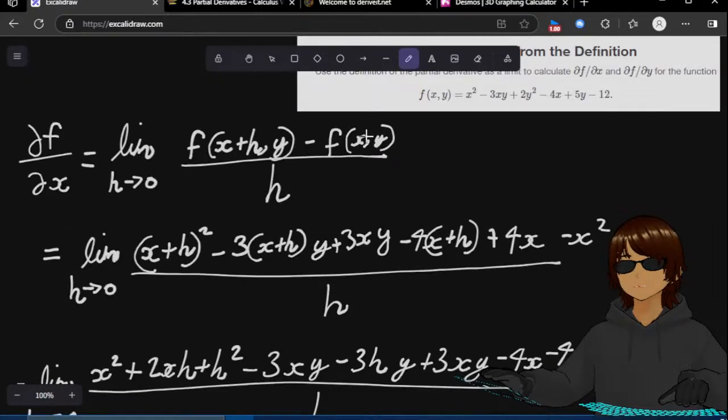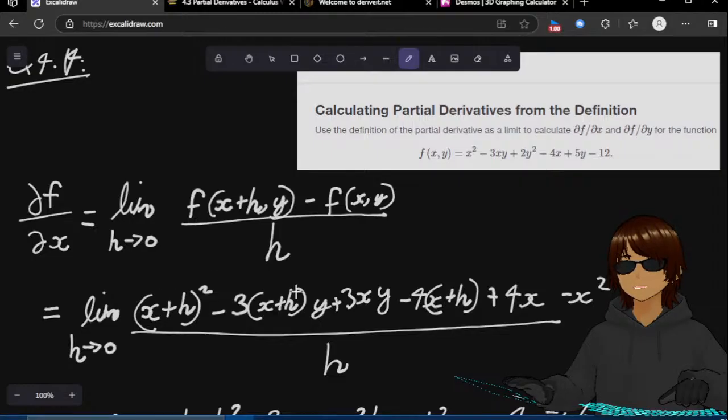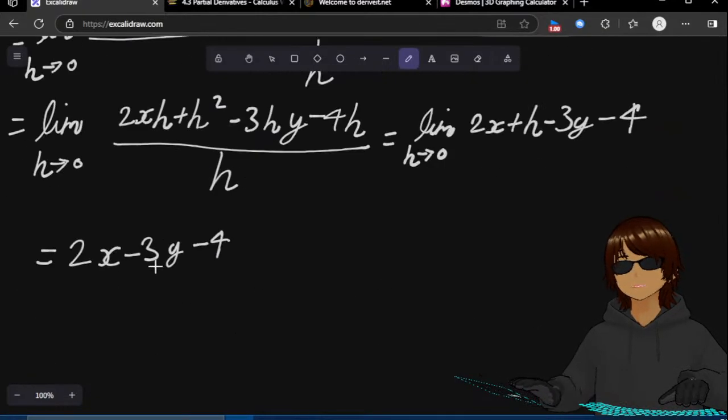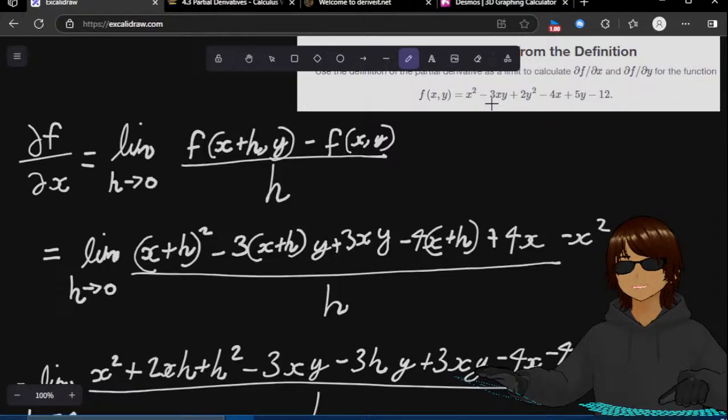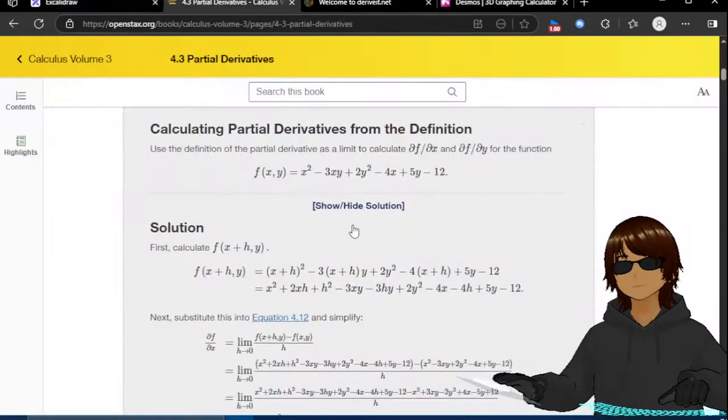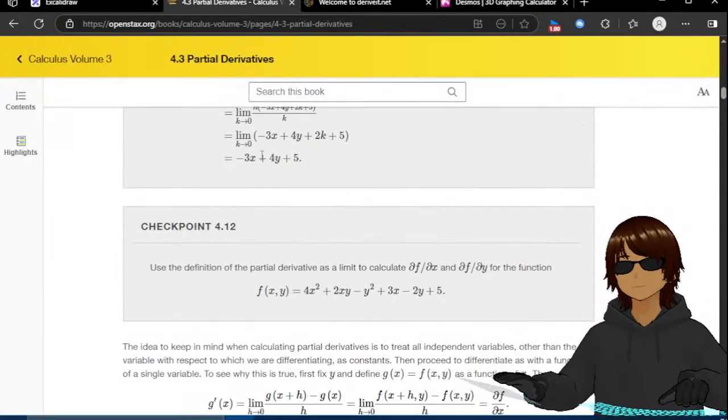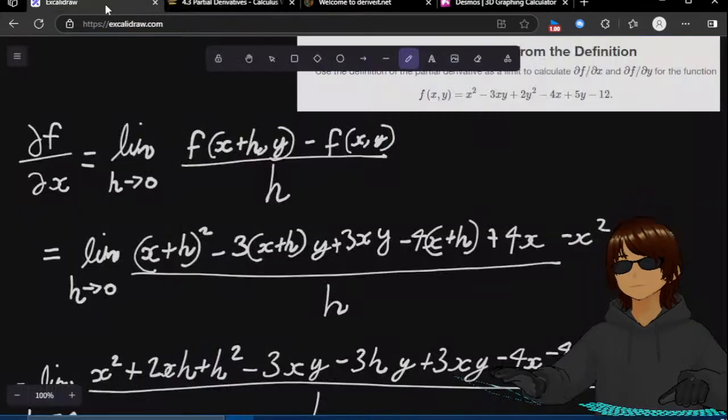Hold on. So I have this, this, this. Oh no, but it would be cancelled out, right? That's why I didn't add it. Anyways, I think I will end up with minus 3x plus 4y plus 5. Yeah, minus 3x plus 4y plus 5.